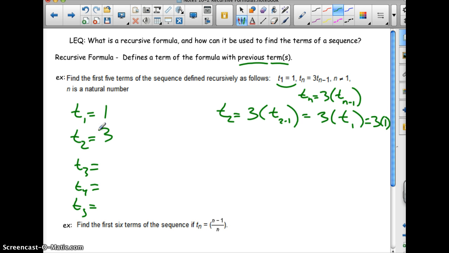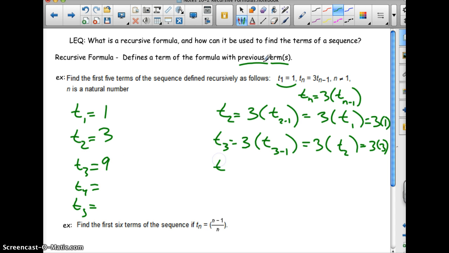All right? And now if I want to find T sub 3, it's going to be very similar. It's going to be 3 times T sub 3 minus 1. So I'm going to have 3 times T sub 2. And we already found T sub 2. We found it with the last one to be 3. So it's 3 times 3, which gives me 9, okay?